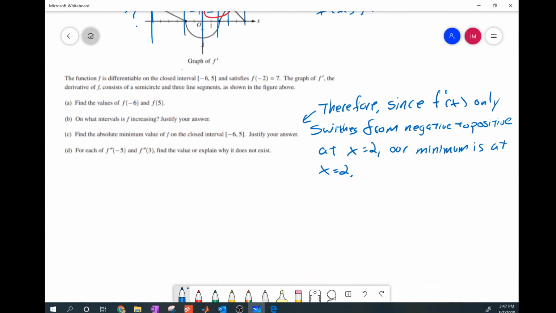Now that's not enough. They actually want the absolute minimum. So that means we need to find f of 2.